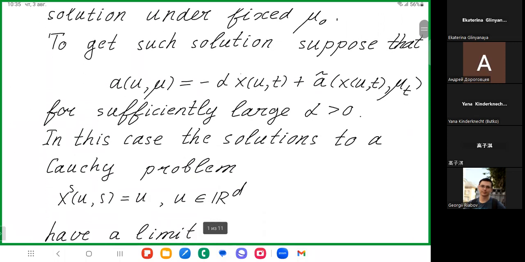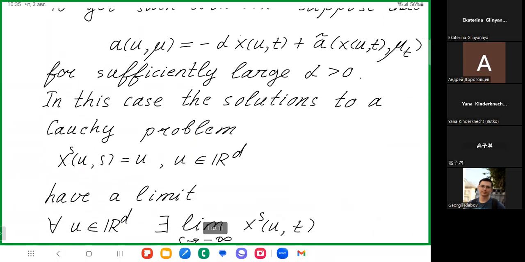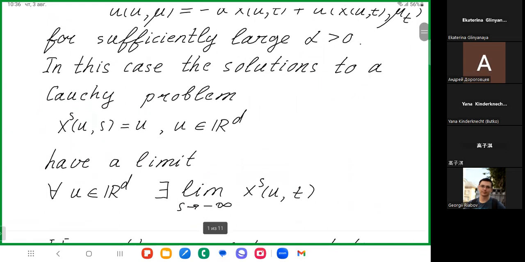So here, if we consider the approach which we used before, we have to consider the Cauchy problem which starts at the moment s. And one can check that, again as before, there exists a limit as s tends to minus infinity of x(u, t), in square mean, in a mean of any order, and so on. And this guarantees existence of the stationary solution and even uniqueness of this stationary solution.